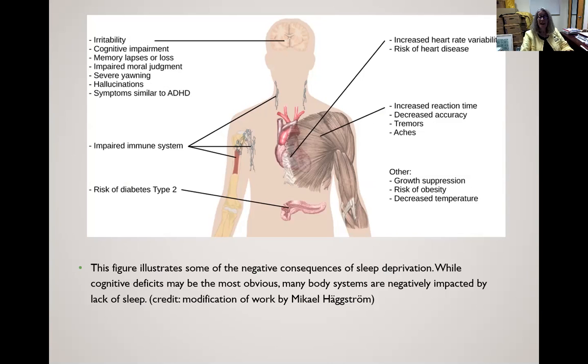It's been tied to type 2 diabetes. So if you're chronically not getting enough sleep, you increase your risk of getting type 2 diabetes. Heart disease is increased, hypertension, and some mood disorders like depression and anxiety. And if you routinely get less than 5 hours of sleep per night, one study showed that you lower your life expectancy by 15%.